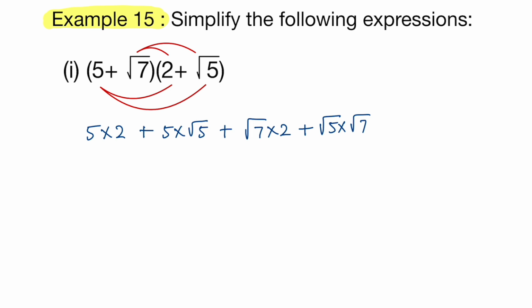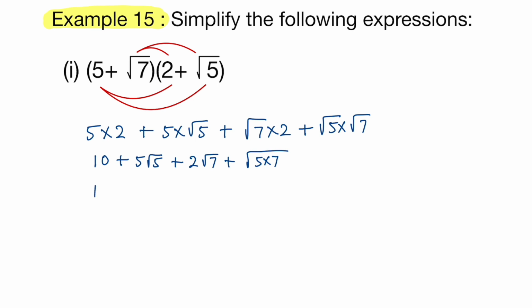Now we will further evaluate this. 5 multiplied by 2 is 10, plus 5 multiplied by root 5 is 5 root 5, plus root 7 multiplied by 2 is 2 root 7, and you can bring 5 and 7 under the same root, so it's root of 5 multiplied by 7, which can be further simplified as root 35.